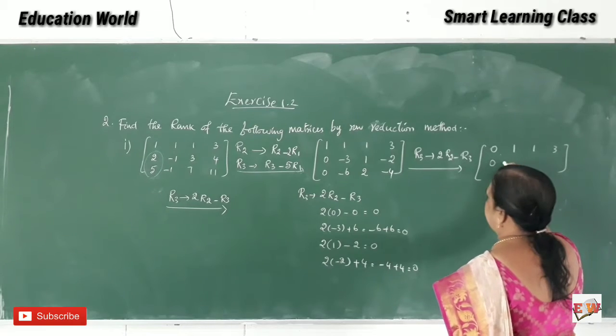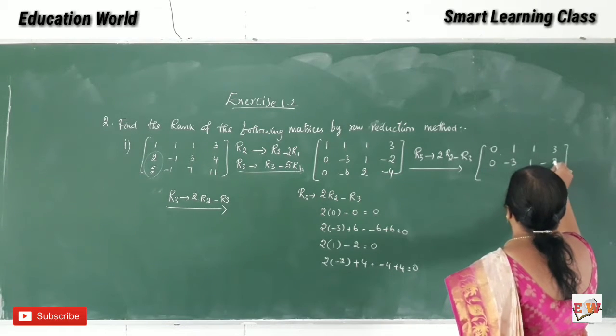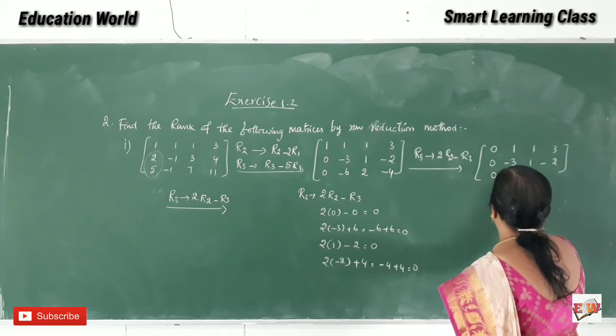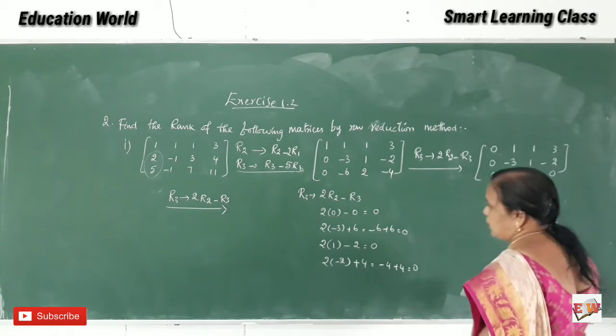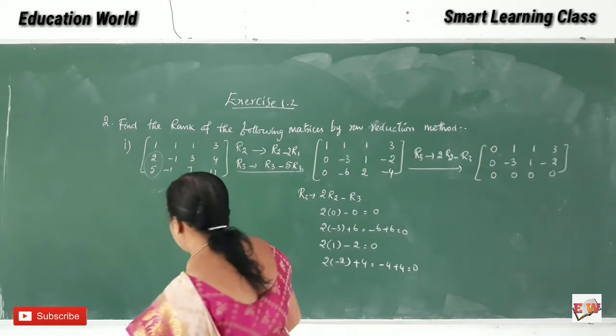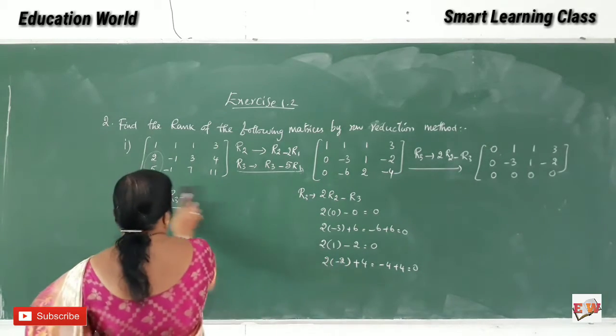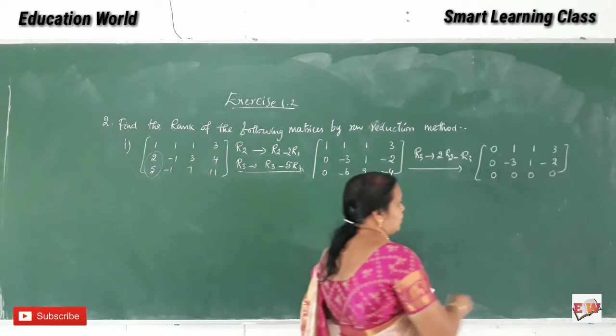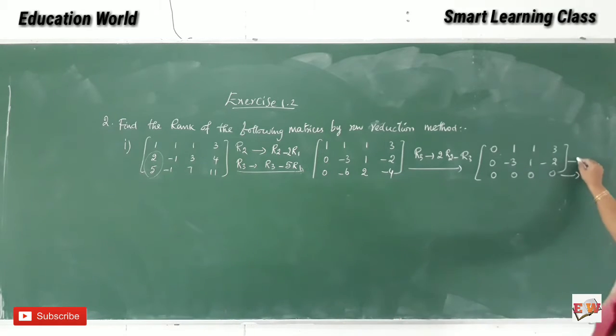Second row as it is we have to write. Third row, see, 0 0 0 0. All the elements of the last row are 0 now. So this is the zero row, this is a non-zero row, this is also non-zero.